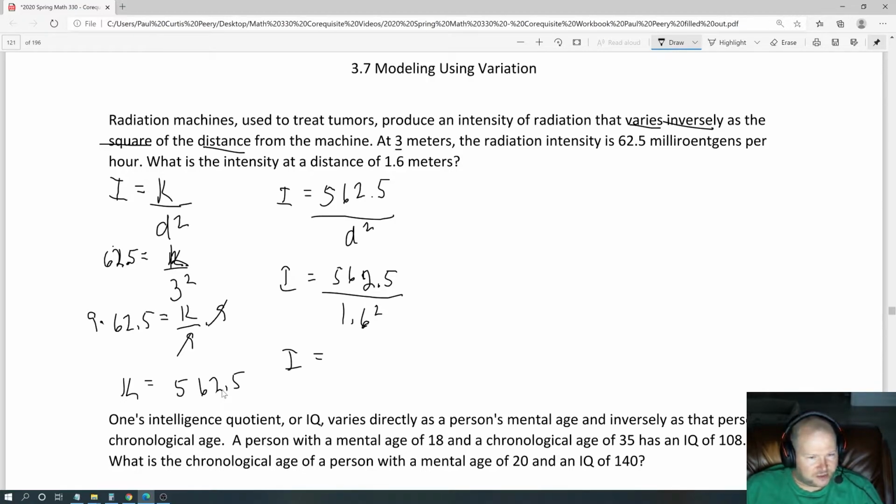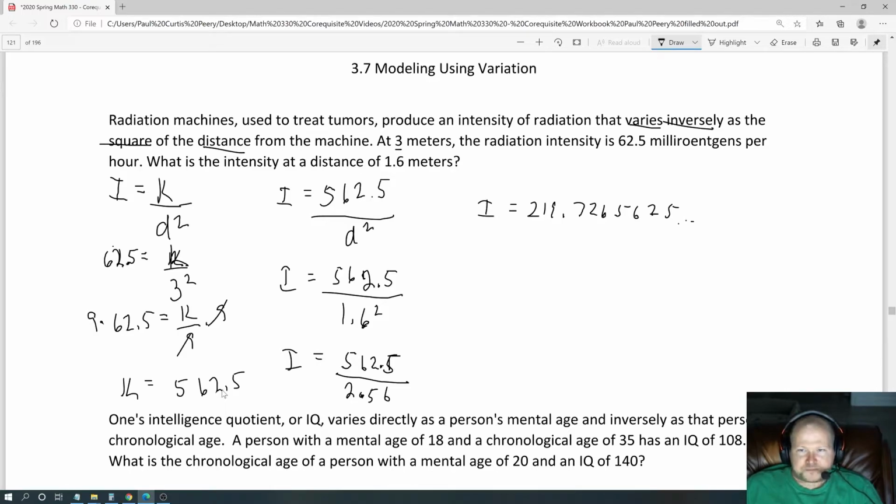I is equal to 562.5 over 1.6 squared, which is 2.56. So I is equal to 562.5 divided by 2.56, and that is equal to 219.7265625, and it keeps going.